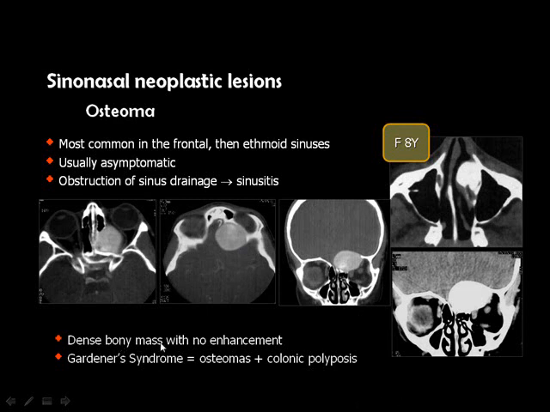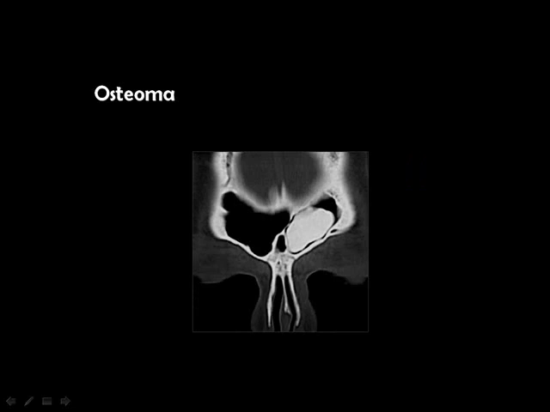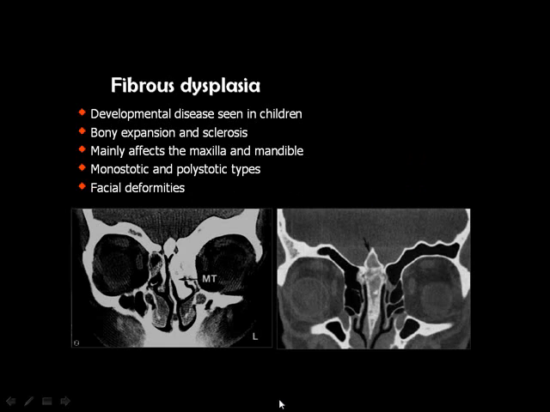It's a dense bony mass with no enhancement, and multiple osteomas may be seen in a very well-known GIT syndrome known as Gardner syndrome, associated with colonic polyposis. This is a classic case of osteoma inside the left frontal sinus.